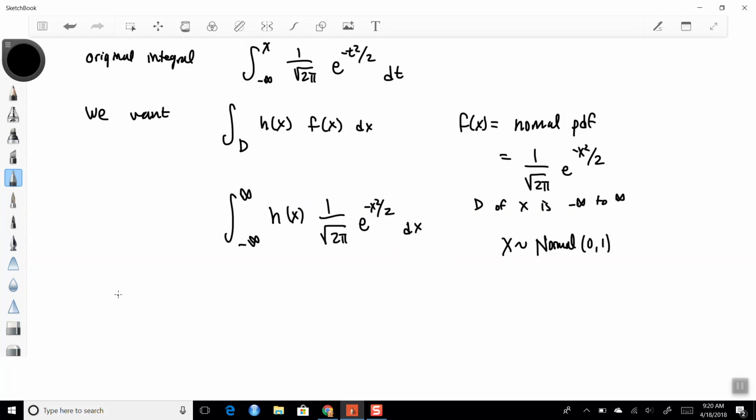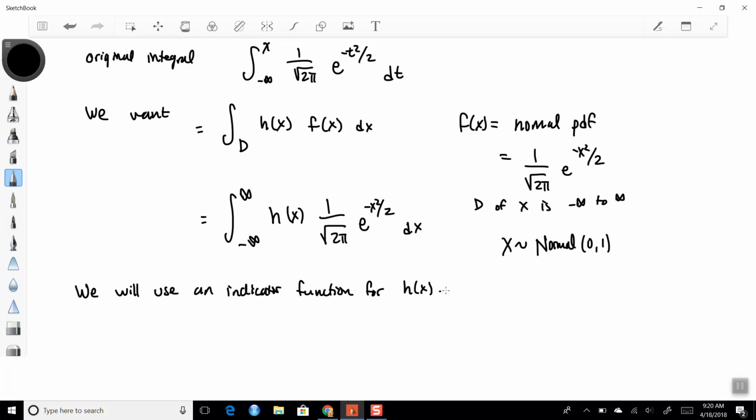So to get this to work, we will use an indicator function for h of x.